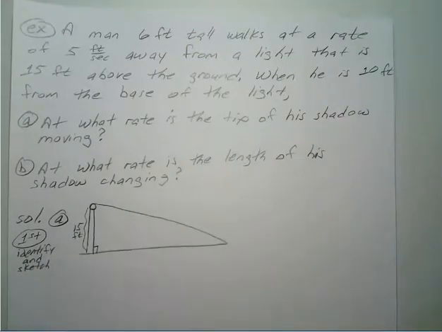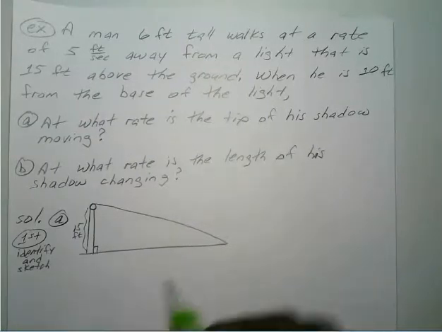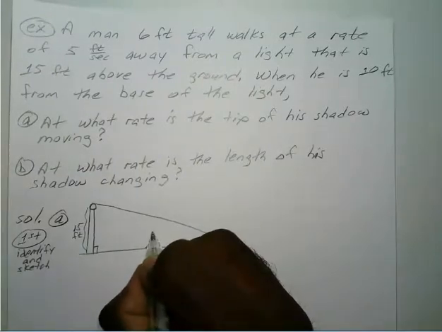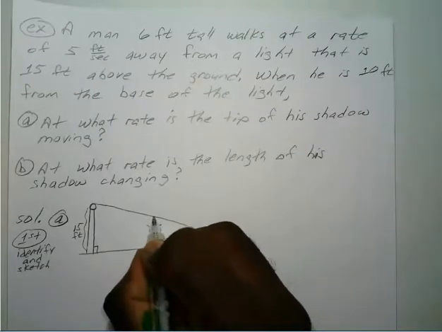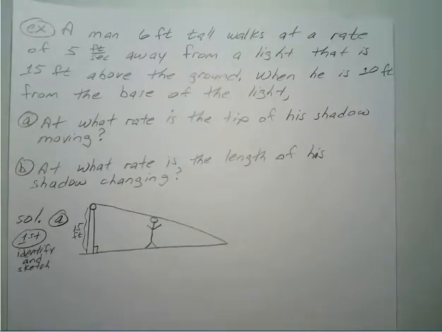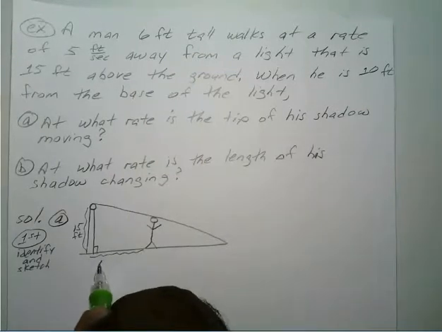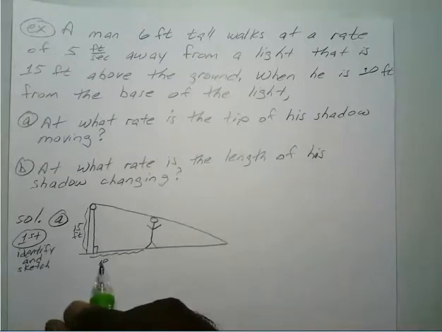All right. So we also know that a man is 10 feet from the base of the lamp. So let's say we have a guy here. And we know that he is 10 feet from the base of the lamp.